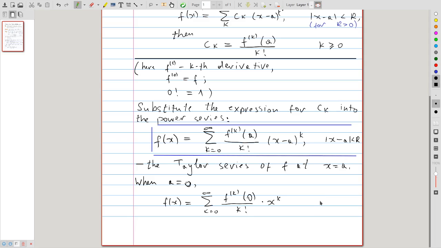And this equality holds when absolute value of x is less than r. This special case of the Taylor series formula will be called Maclaurin series, again after the person who arrived at this expression independently of Taylor at about the same time.